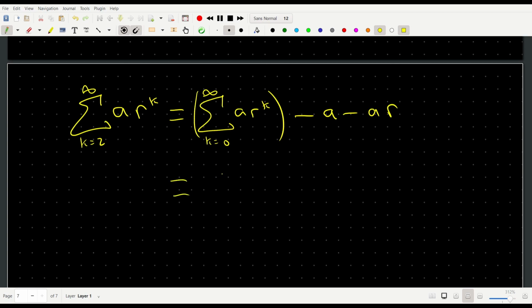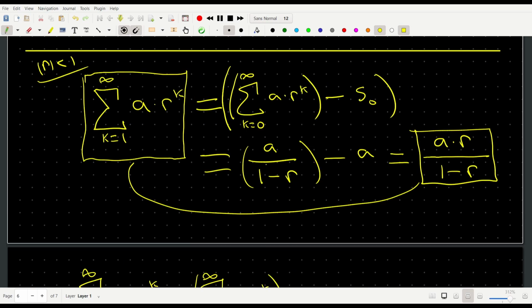So you have to go through and simplify. This converges to a over 1 minus r, and then you have to subtract a from that and subtract ar from that and see what you get as a final simplification. But this is just an important tip to remember.